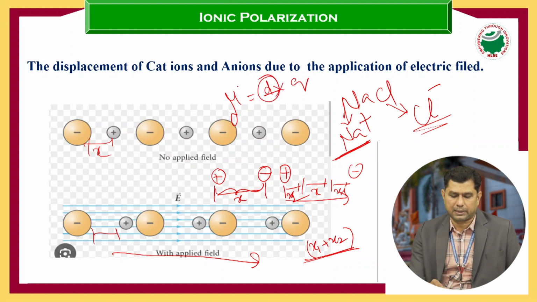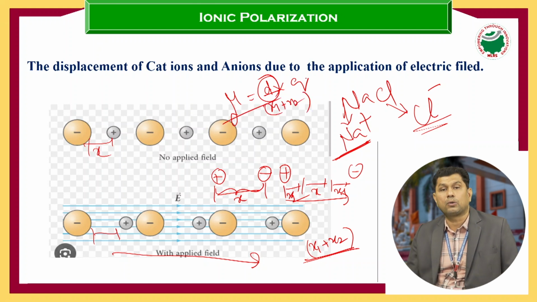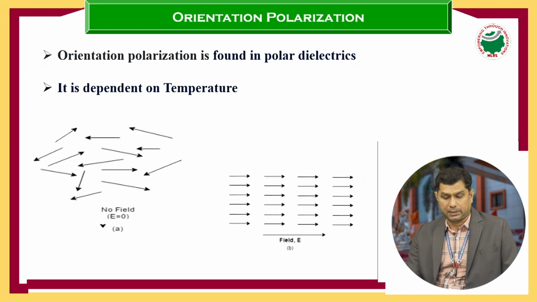This distance is increasing by x1 plus x2. Automatically the dipole moment will increase. Basically, what is ionic polarization? This happens in ionic crystals. Whenever we apply an electric field, the displacement of cations and anions takes place.